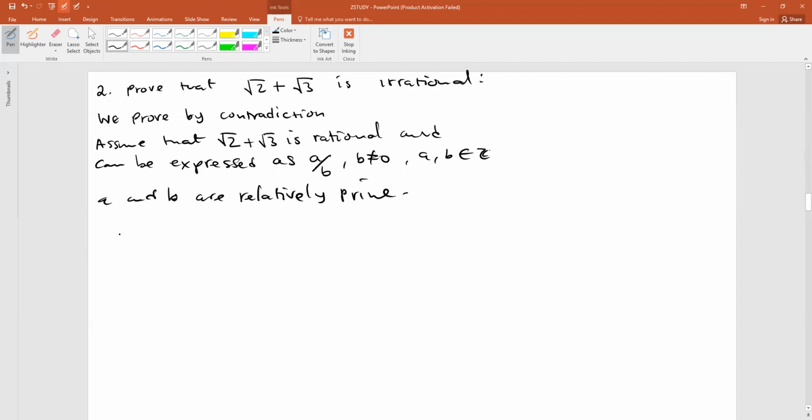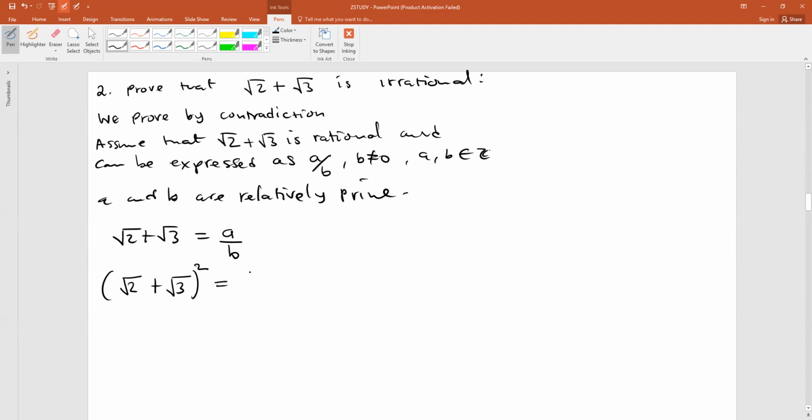So we are going to say square root of 2 plus root 3 is equal to a over b. Then the target, first of all, is to remove the roots. So we are going to square both sides. Please take note, when squaring, put in brackets, then square.